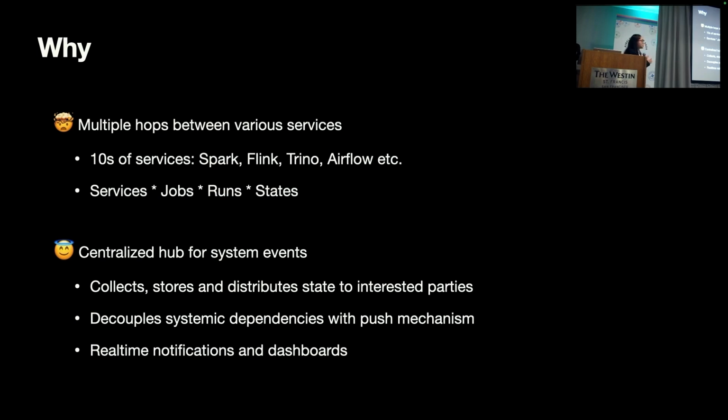So Event Service addresses these issues with a push mechanism where all you need is an event to convey the status from the triggered job to the parent job. Event Service also has real-time notifications and dashboards, which can enable ops teams to take real-time and quicker actions on some of the job failures.